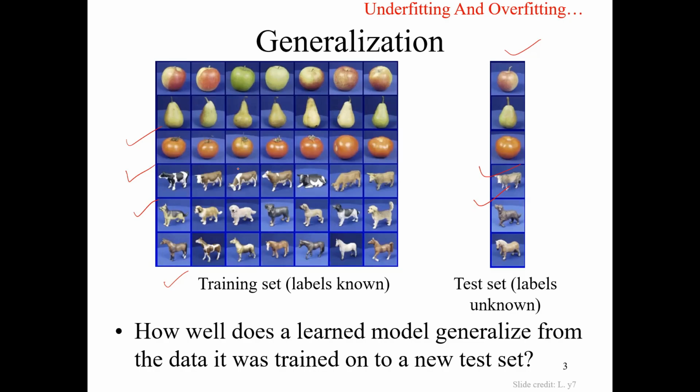Now, during the training, as we know, these are the samples. These are the training. We have the labels. So these are Apple. You give this to the machine learning algorithm. This is Apple coming in. This is Apple coming in. For all of these, you show it the output. This is Apple. This is pear. This is tomatoes.